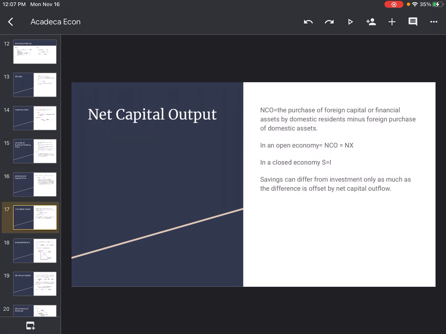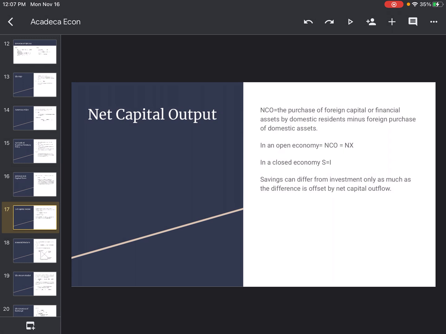Okay, net capital outflow. Net capital outflow, or NCO, is the purchase of foreign capital or financial assets by domestic residents minus foreign purchase of domestic assets. So that's basically just the average cost spent on a domestic asset.